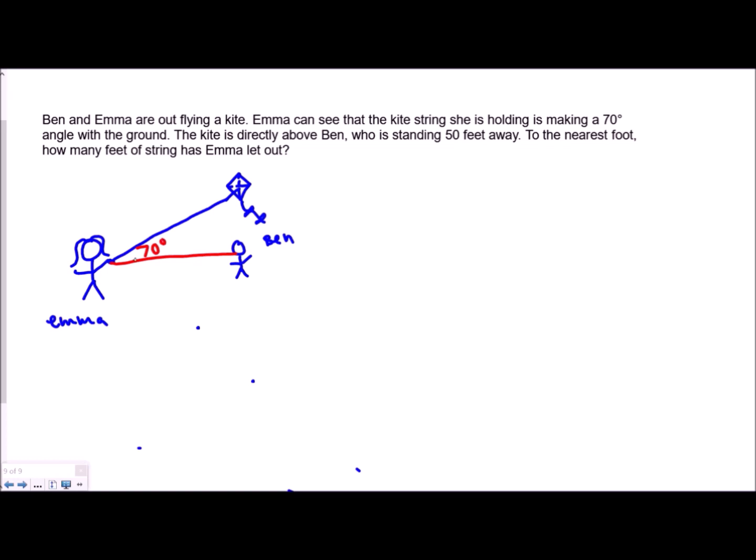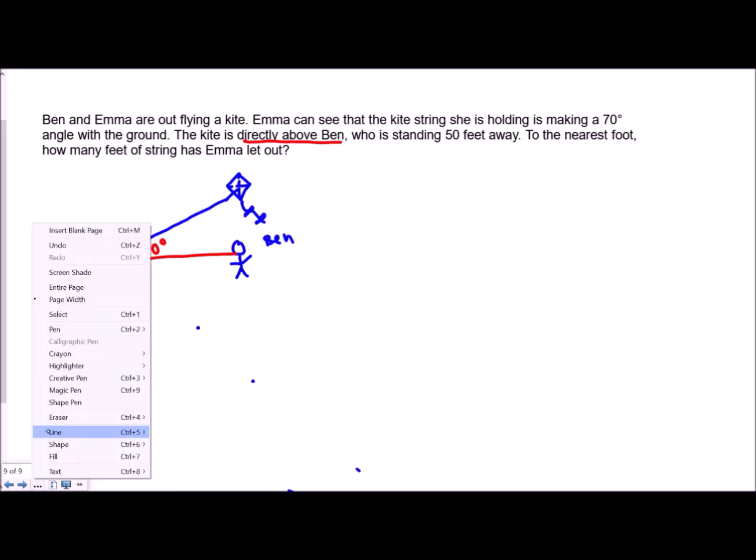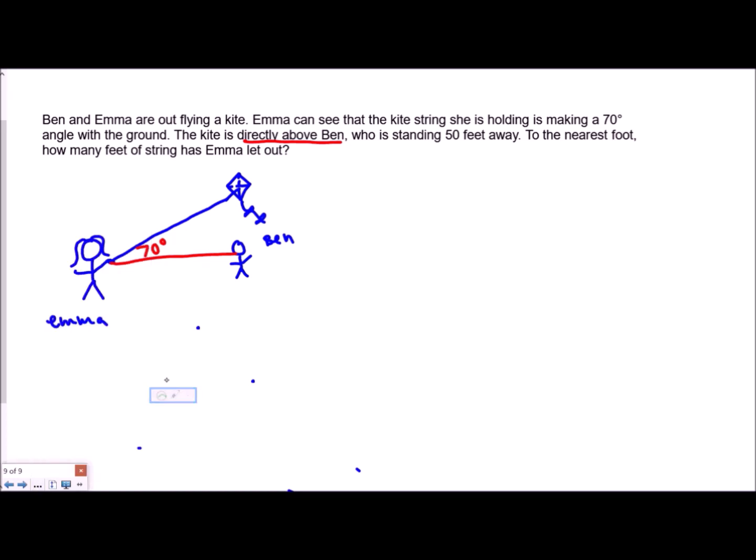And notice I drew the line out to Ben because it tells me that the kite is directly above Ben, which means I can now draw a perpendicular line from the kite down to Ben's head and body, and that forms my right angle.